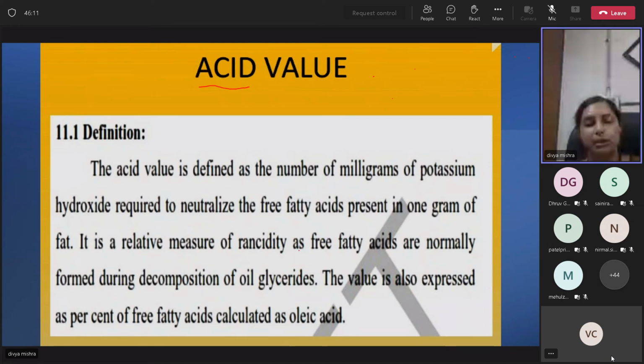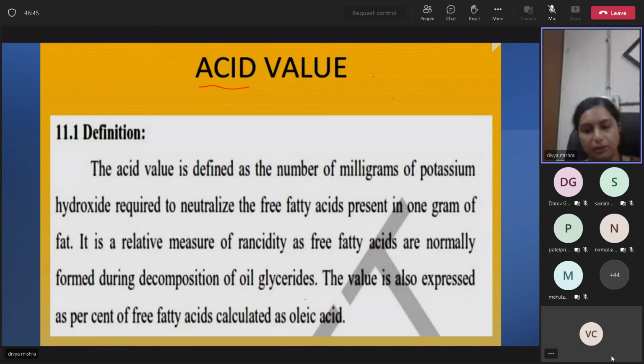If our sample is in the form of glyceryl ester, then it is okay. But if it is exposed to moisture or some kind of atmospheric reaction, fatty acid will come out of it in the free form. By titrating this free fatty acid with KOH, we can say whether our sample is rancid or fit for use.